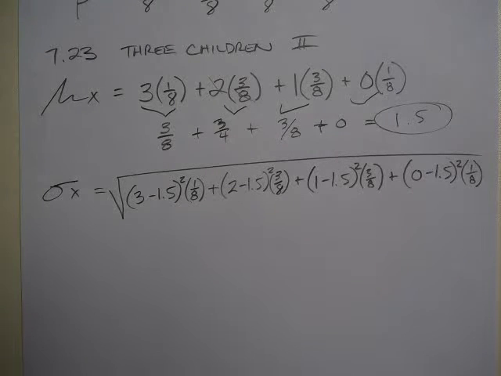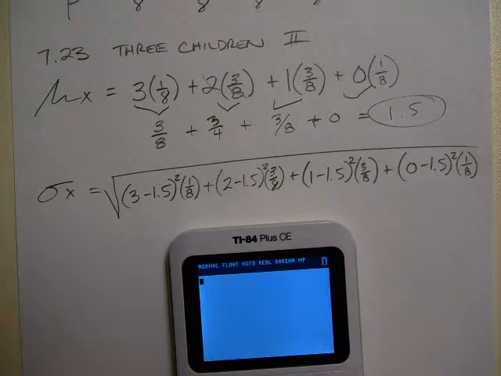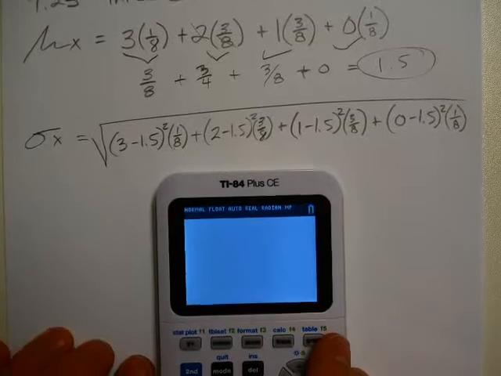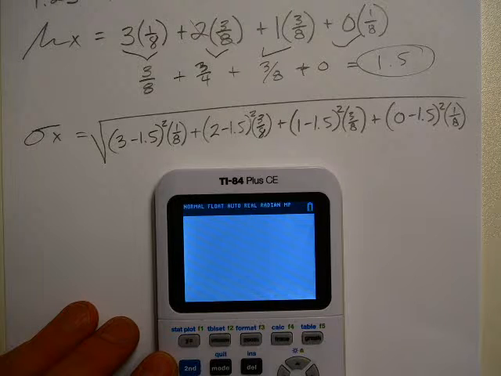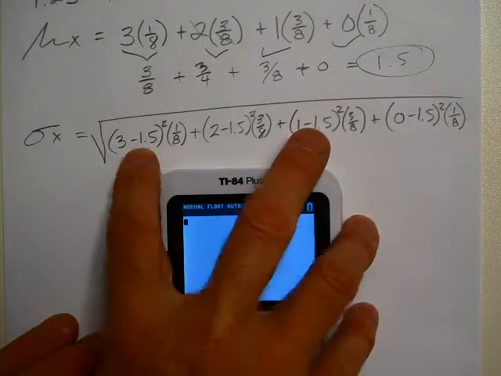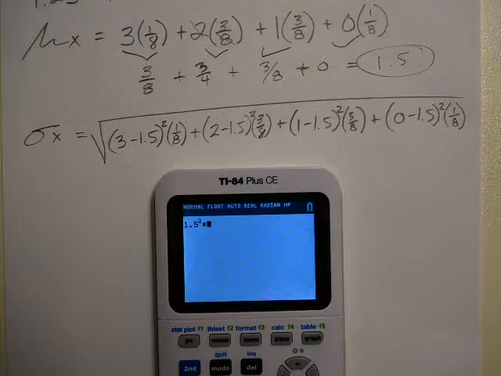And then we go to the calculator. Should we start with the square root, or should we take the square root after the end? Let's take the square root after. Can't forget it though. So I'm going to do some of this in my head. 3 minus 1.5 is going to be 1.5 squared times 1/8, which is 0.125.